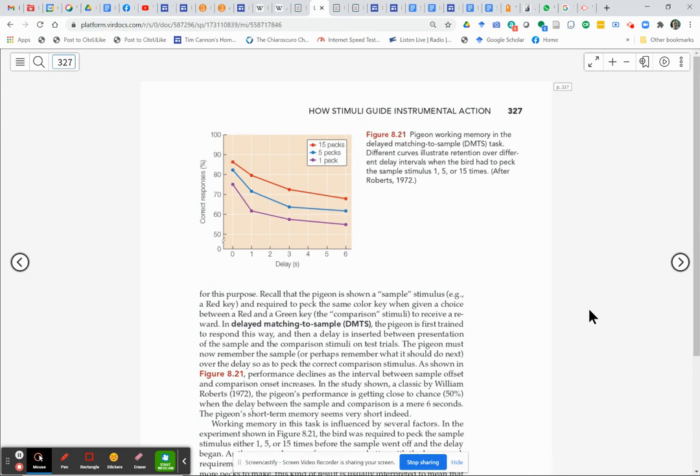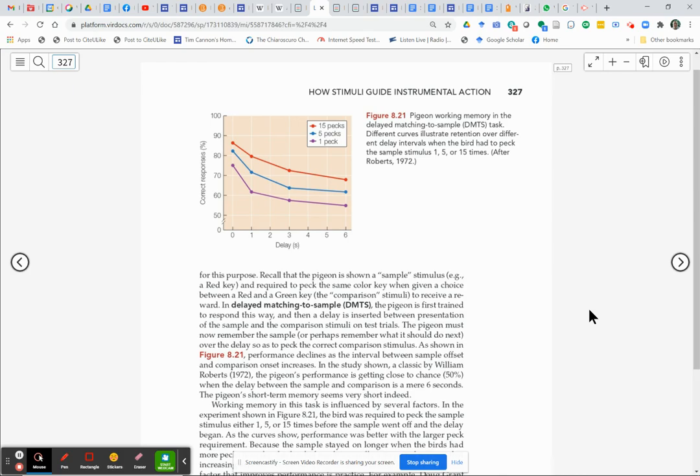This is delayed matching to sample, where after you see the stimulus, you have to wait. And if you make the animal peck more at the stimulus, they are less likely to show a big reduction in correct responses. So there's delayed matching to sample. So there's matching to sample.